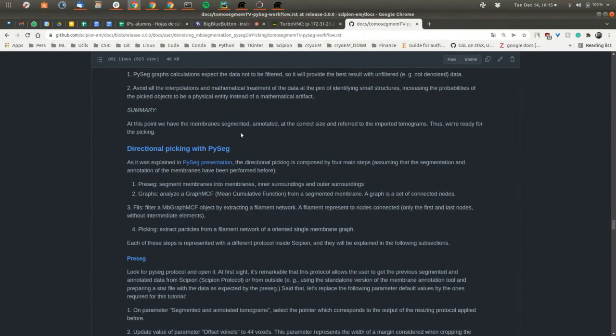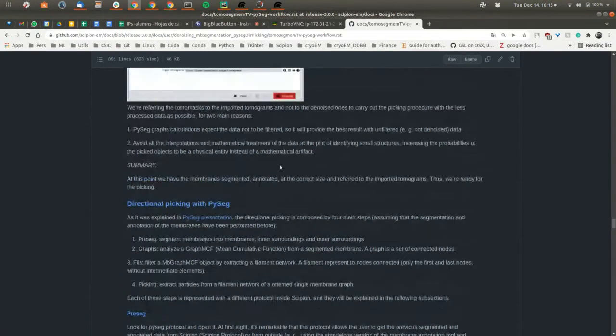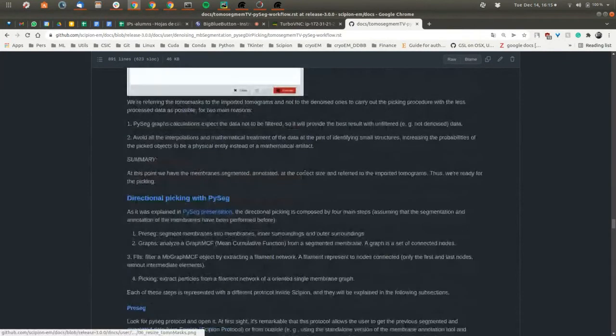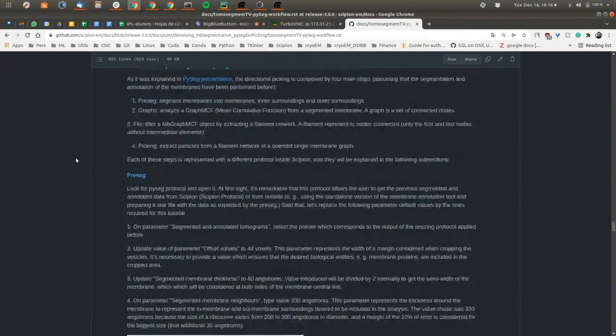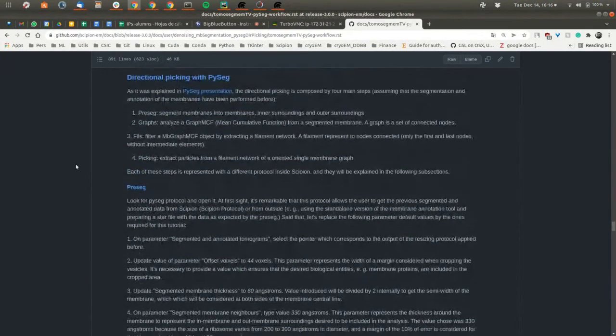Here you have a small introduction, which is just a conceptual definition of what this step consists of, or what operations are carried out in it. So let's go for Pyseg.